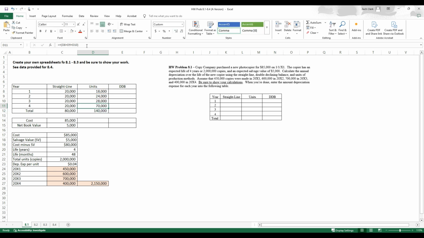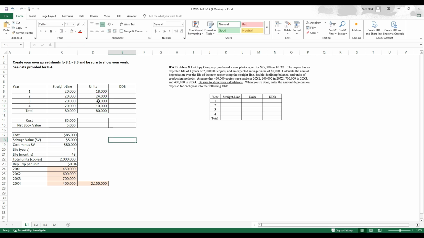That would be the accumulated depreciation expense. But we can only take 80,000 in total because that's what we've determined through our calculations. And so I'm going to take the total of all that we've done so far minus, I guess I did that backwards. How about C19? So the 80,000 is the most that we can depreciate minus all the other stuff we already did.